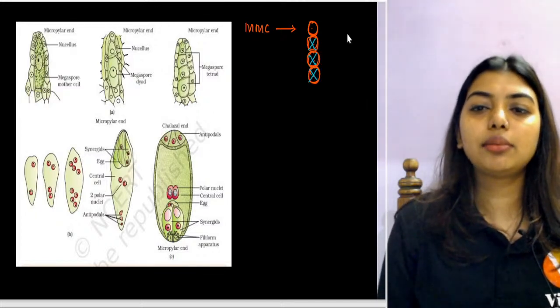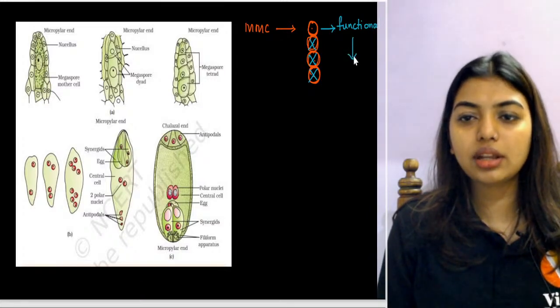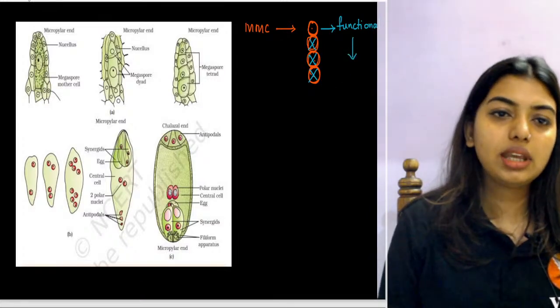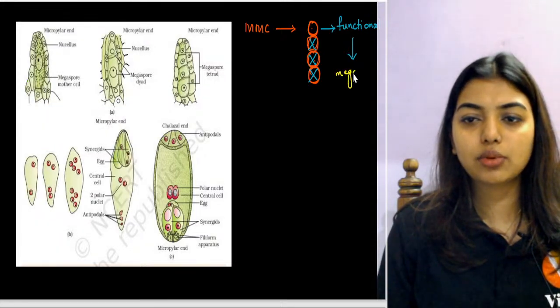Only one among the 4 will become functional, and that one will give rise to the egg. So this will become the megaspore.